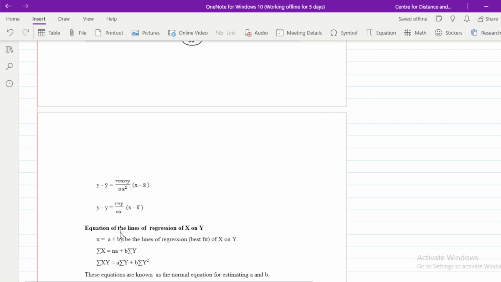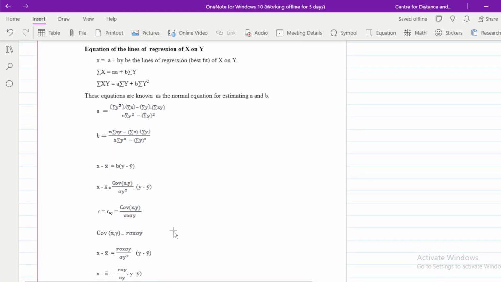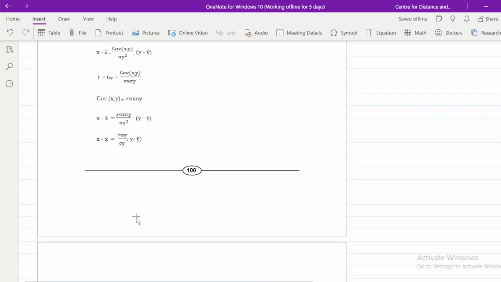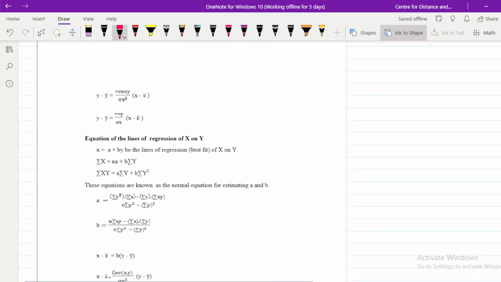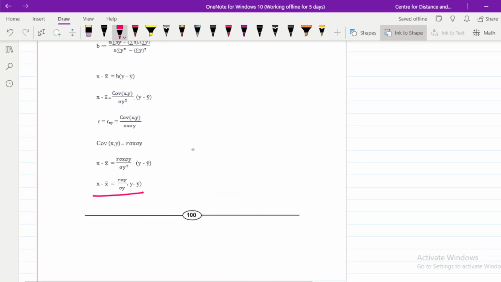And the equation of the line of regression of x on y is this one: x minus x bar is equal to r into sigma x divided by sigma y into y minus y bar.